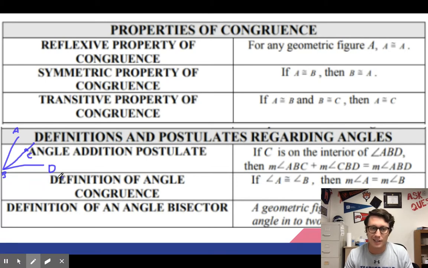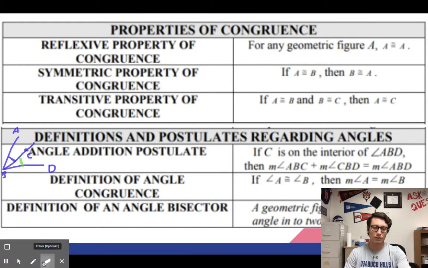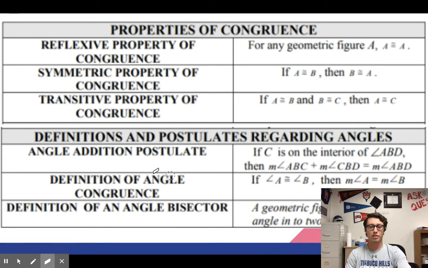Now it's saying the measure of angle ABC, which is this angle here, plus the measure of CBD, which is this angle here, if you combine those together, it will add up to the entire angle, right? Think similar to segment addition, where if you add two small pieces of a segment, it will equal the whole segment. Now we're saying if you add two small pieces of an angle, it will equal the whole angle.